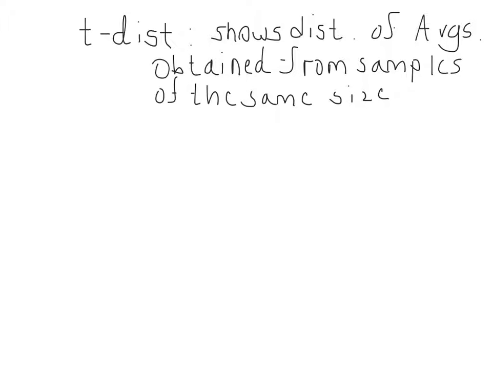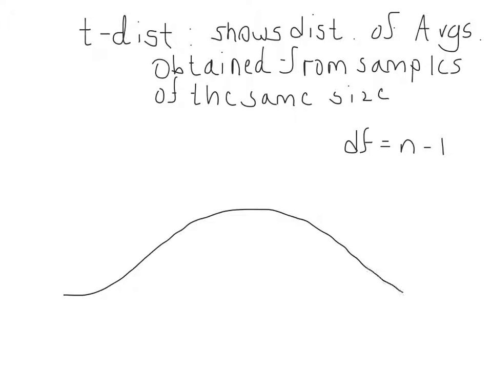Because of that, the t-distribution changes with different sample sizes and therefore with different degrees of freedom. We know that degrees of freedom is determined by taking n minus 1. So if I was taking samples of size 2, those sample averages might be really, really spread out.